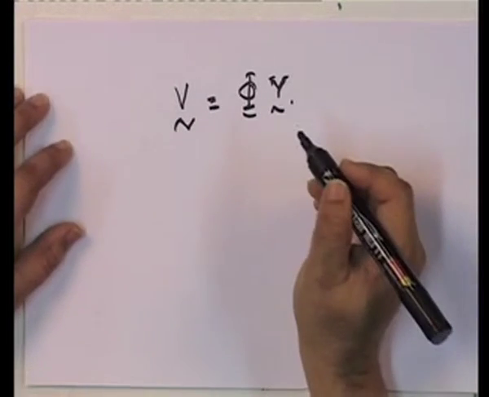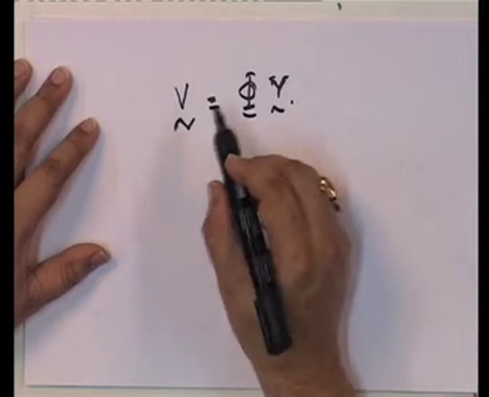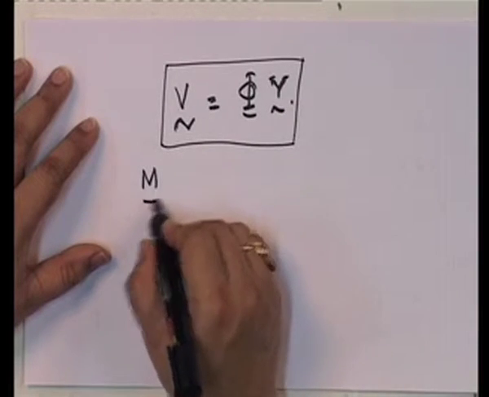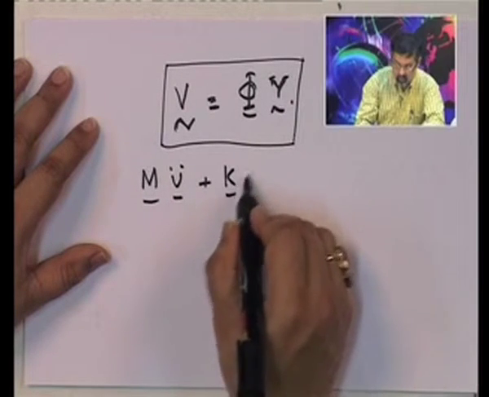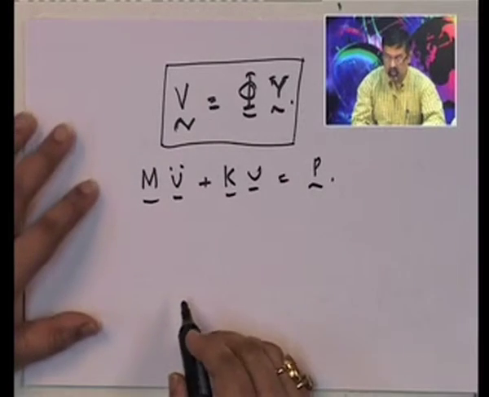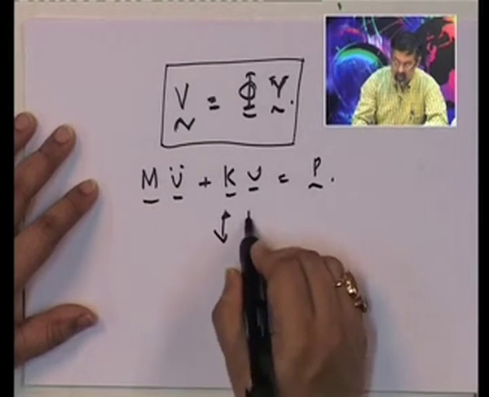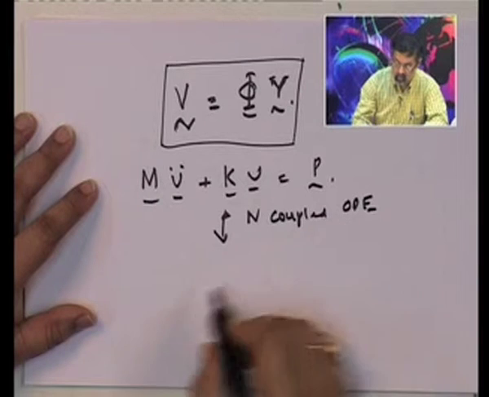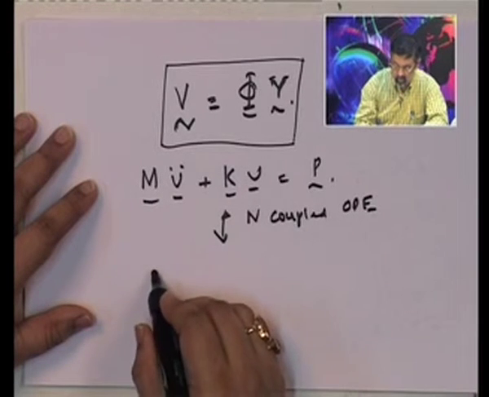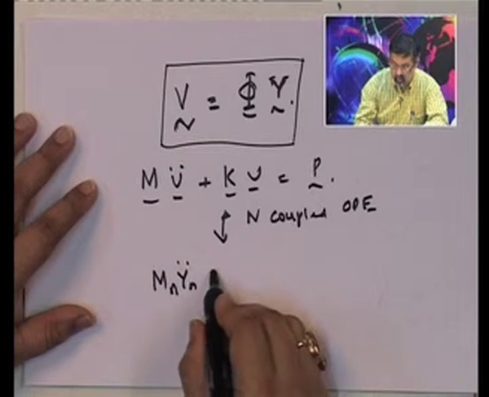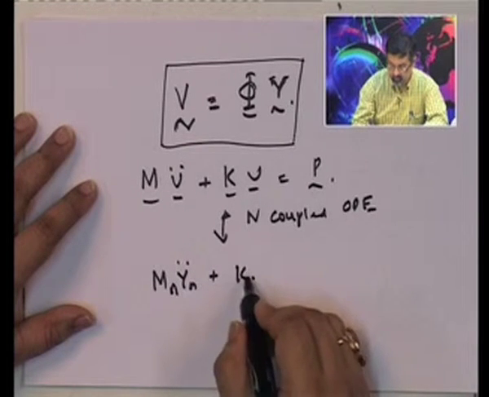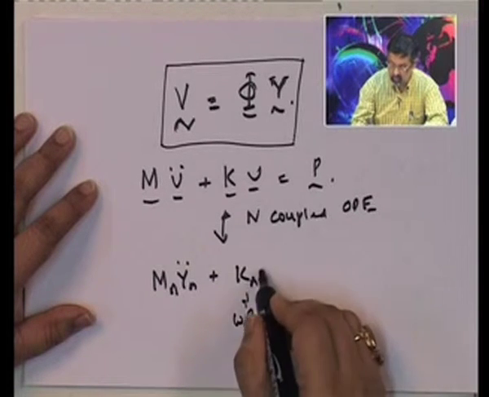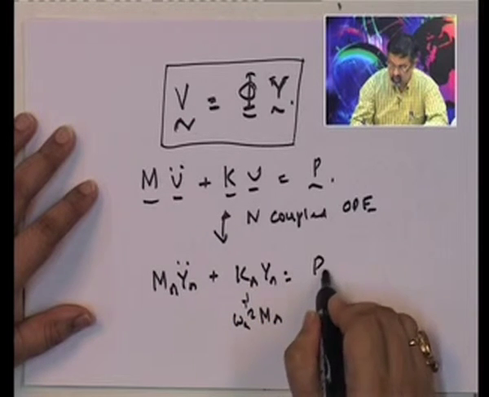By doing this, I have taken n coupled ODEs to m n y n double dot plus omega n squared m n y n is equal to P n.